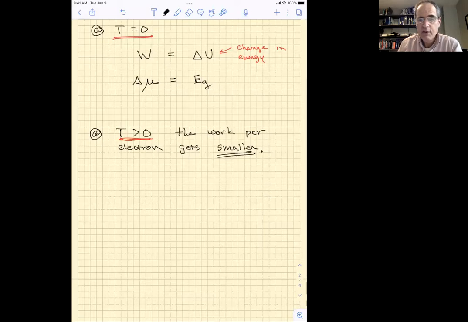Okay, well to understand why the threshold voltage gets smaller, we need to include a little thermodynamics, all right? So in particular, we have the first law of thermodynamics, which expresses energy conservation.